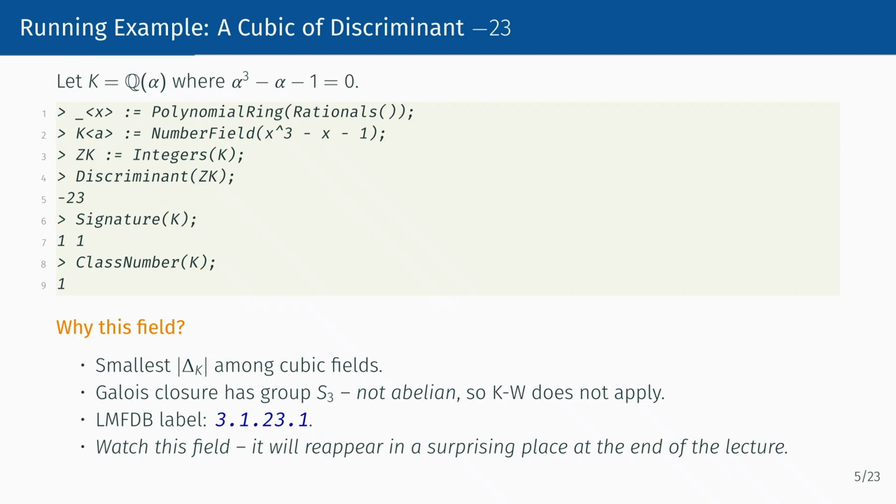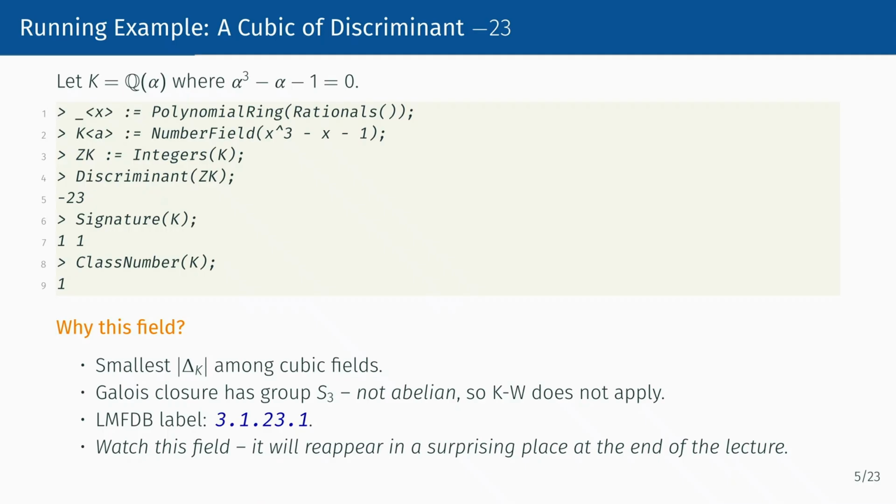Okay, why did I choose this field? So first of all, this is the cubic field with the smallest discriminant. Quadratic fields you see all the time, so I wanted to choose something more interesting. But more importantly, quadratic fields are always abelian, and this is an example of a non-abelian field.